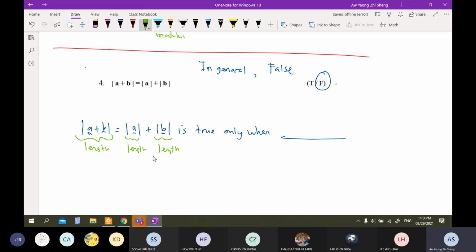Yes, good, same direction. It's true only when A and B have the same direction. So this is the answer.